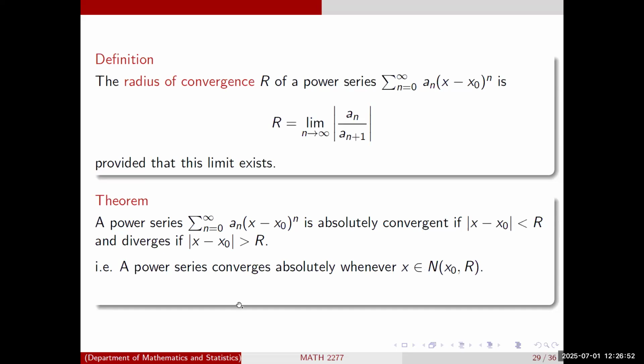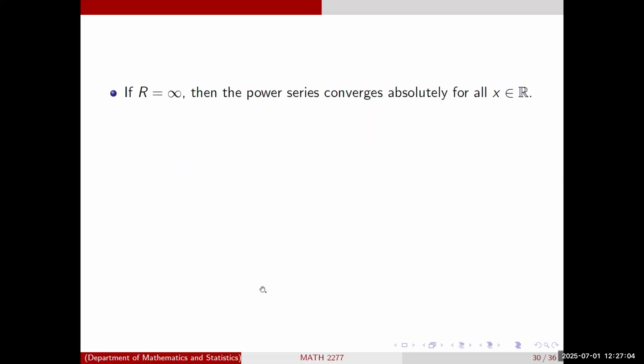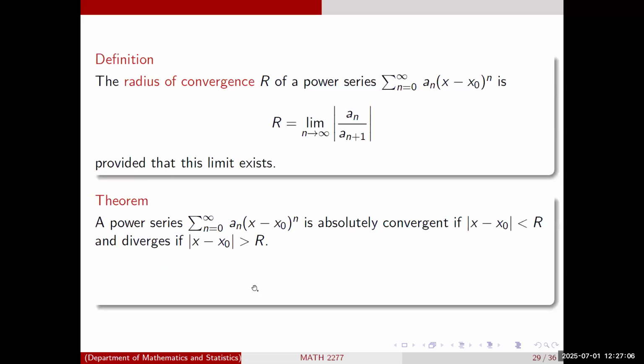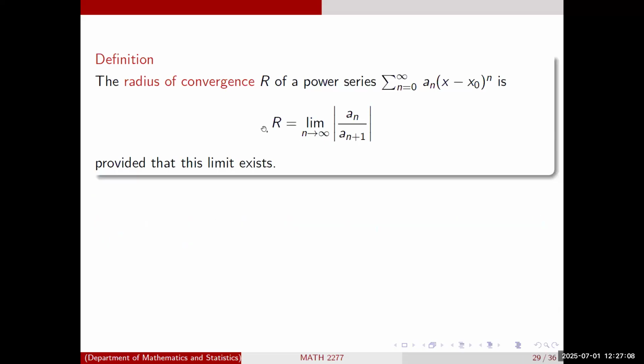Right, so a power series converges absolutely whenever x is in a neighborhood centered x0, radius r, and this follows from the ratio test. Now, this r, this limit, when you're working it out, could be infinite.